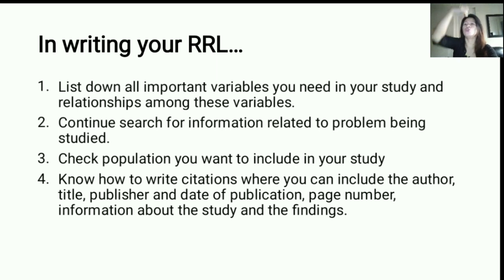Number 4, know how to write citations where you can include the author, title, publisher, and date of publication, page number, information about the study, and the findings. This is most important when writing your RRL. All sources must be noted and included in your list of references.